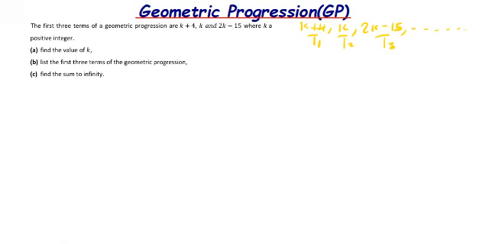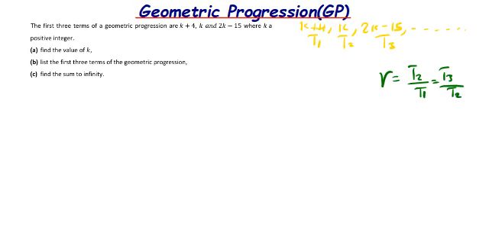Now, they have said to find the value of k. In order for us to come up with the value of k, what you need to understand is that we can use the method of finding the common ratio. So how do we find the common ratio? We find the common ratio by saying t2 over t1 is equal to t3 over t2, like that.